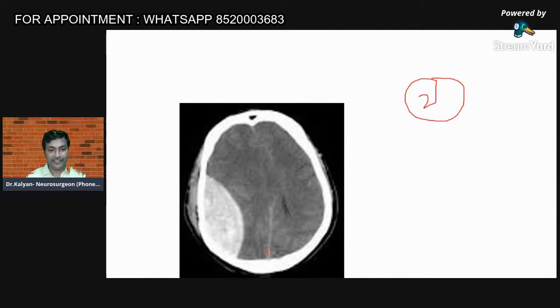So this is the midline falx, and this is the midline. Right, Dr. Kishan, you have forgotten to mention whether it's acute or chronic. Acute is hyperdense, chronic is hypodense. There is a midline shift. I will take Dr. Fatima's question at the end.